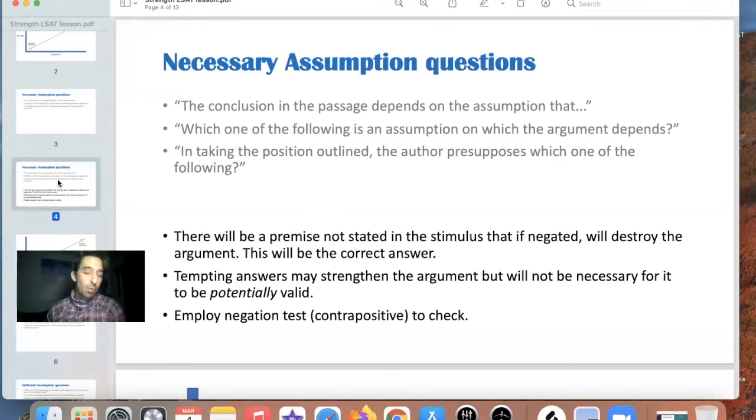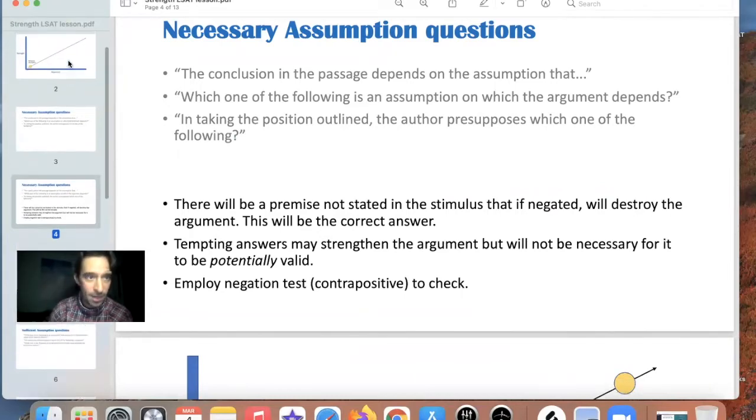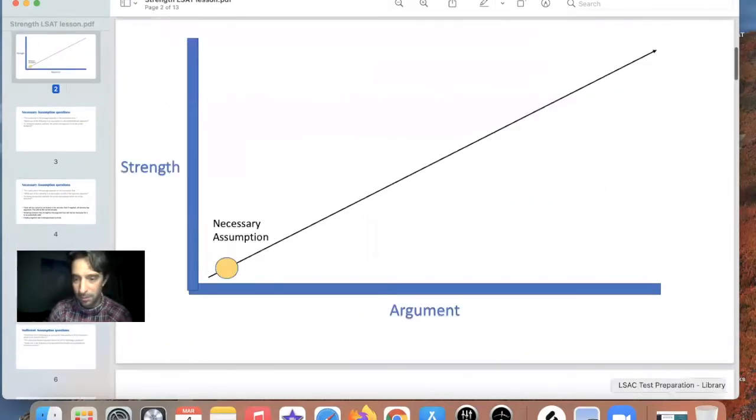And we can employ the negation test, which is kind of like checking the contrapositive, because we know the contrapositive is when you reverse and you negate, and that is the logical equivalent. But this is the way we're going to check. We're going to go on to a question here, okay? Unstated premise that if negated destroys the argument. That's the key. Right here at the bottom of the strengthened argument.